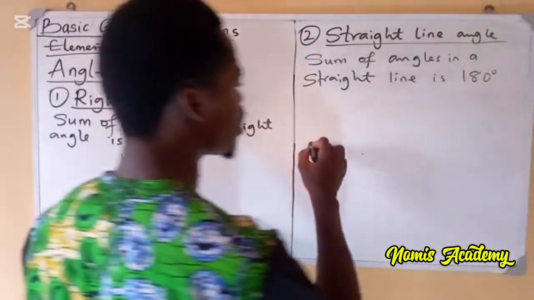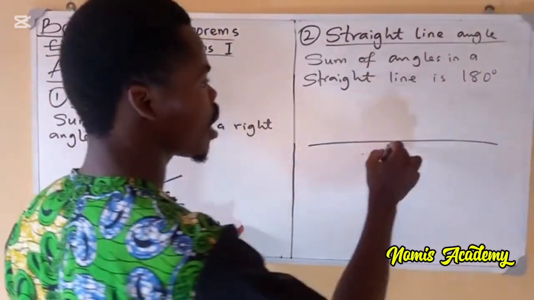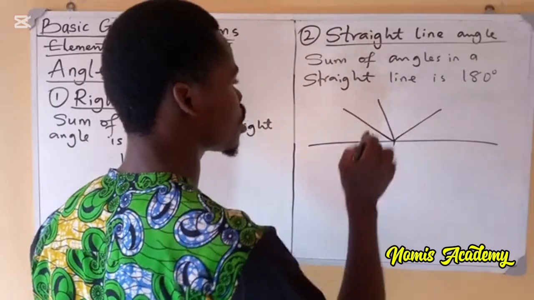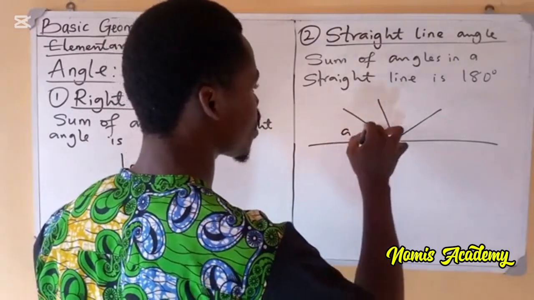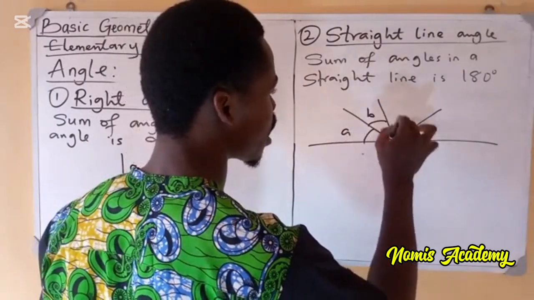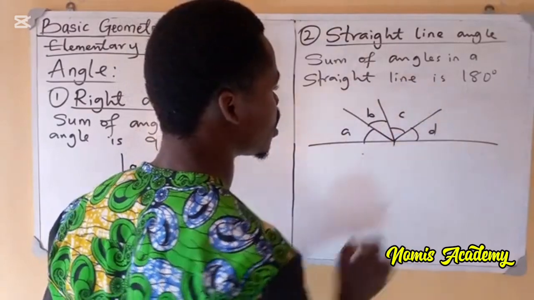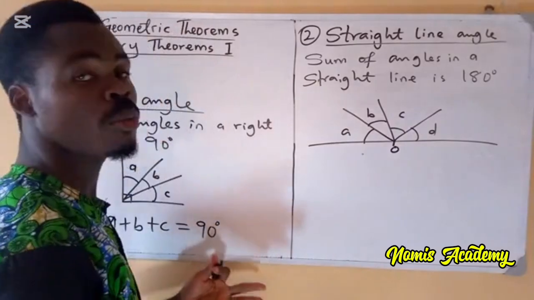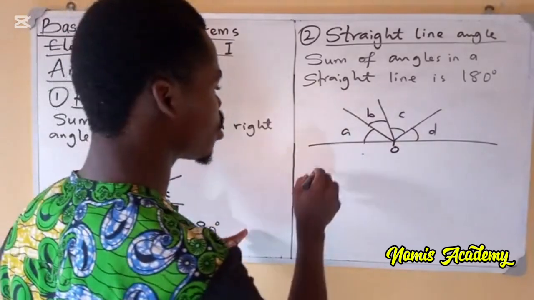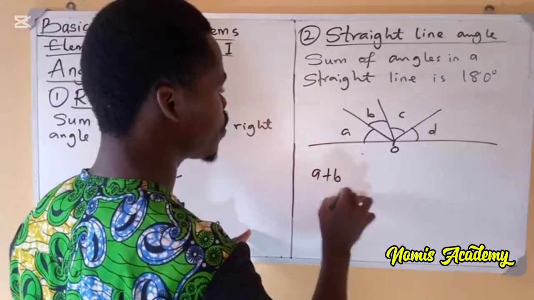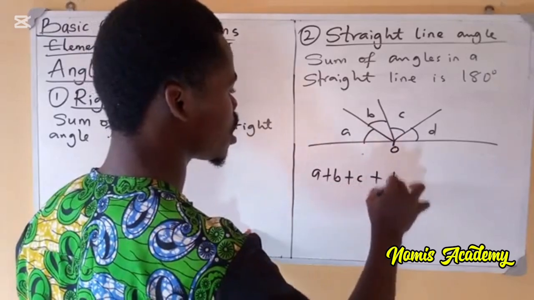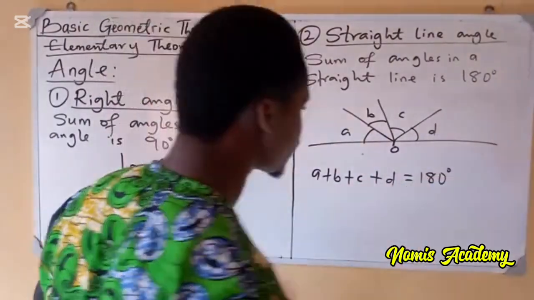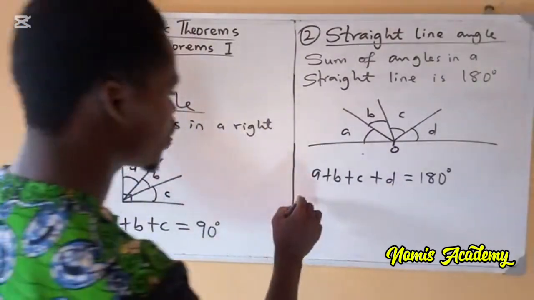So what it means is when you have a straight line and then there are multiple angles at that point, let's call this angle A, this is angle B, this is angle C, and this is angle D. These angles at this point, called the point O, sum up to 180 degrees. So we have A plus B plus C plus D equal to 180 degrees.